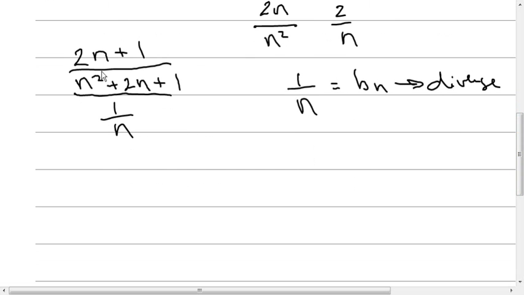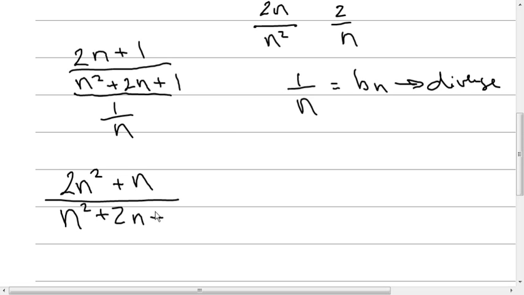So then this cancels, and we have to multiply this by n, so we get (2n squared plus n) over (n squared plus 2n plus 1), and this is the limit we're going to evaluate. And of course we have 2n squared over n squared, so the limit is equal to 2.